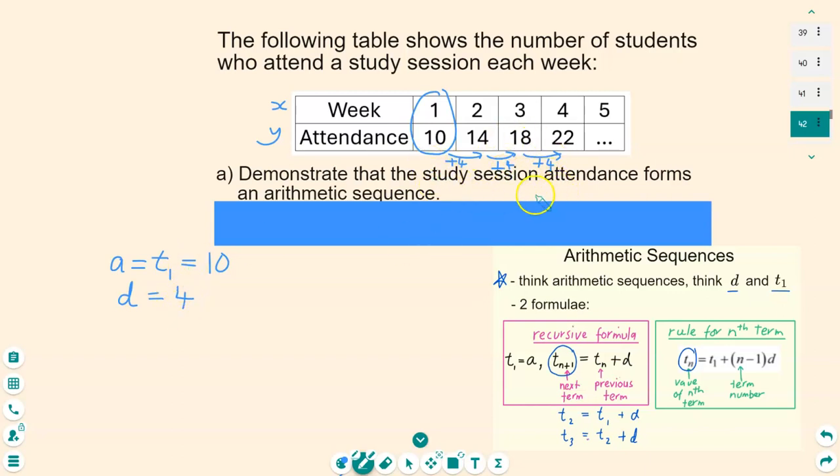Demonstrate that the study session attendance forms an arithmetic sequence. So we want to write these formulas if we can. I'm going to write the recursive formula.